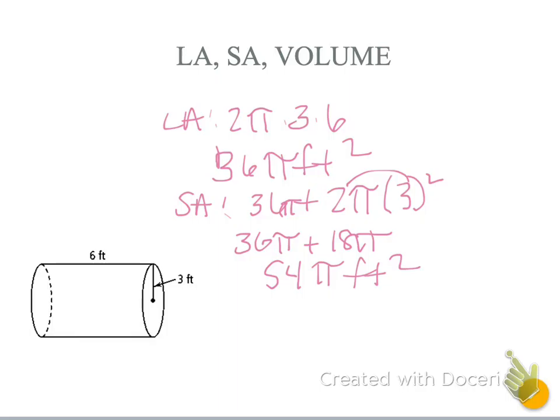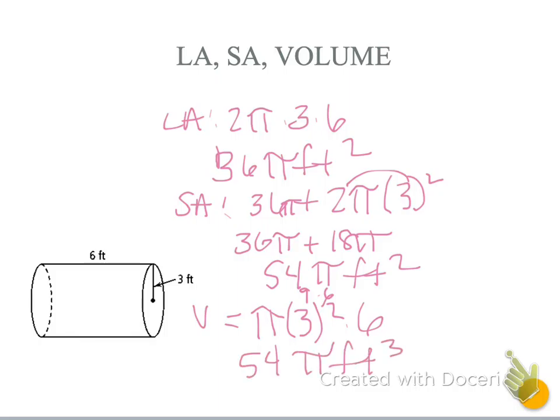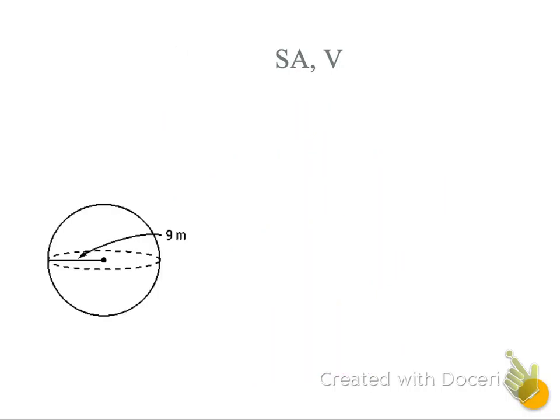And then we do volume, which is pi times your radius squared times your height. So we got 9 times 6, so 54 pi feet cubed. Surface area and volume of a sphere. So my surface area equation, we have 4 pi times your radius of 9 squared, so this is 81 times 4.